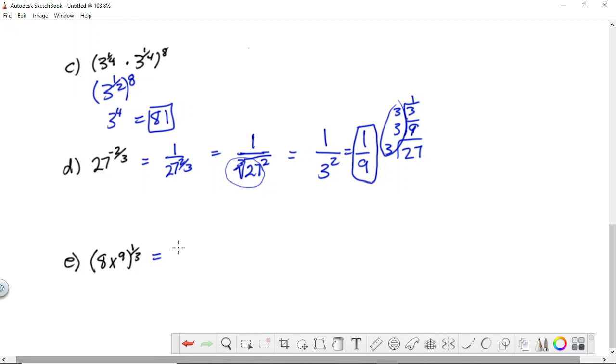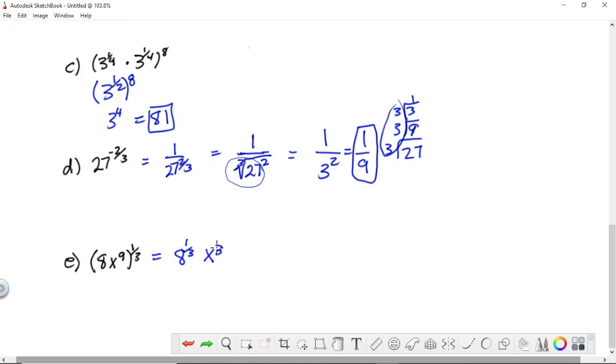Multiply, right? The 1/3 is applied to each thing in there. So for 8, its exponent, of course, is currently just 1. So 1/3 times 1 is just 1/3. So we get a 1/3 exponent on 8. And then we have x to the 3rd power. That's 1/3 times 9, okay, is 3.